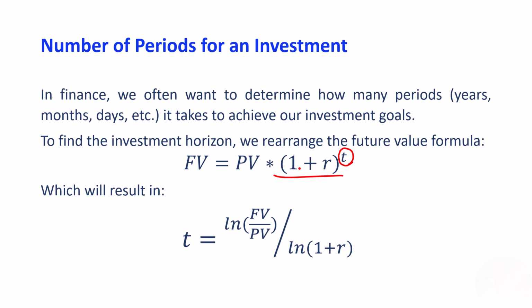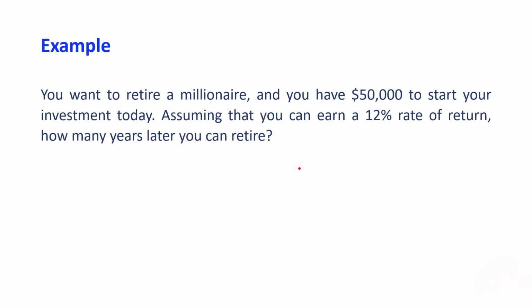So let's see an example. You want to retire a millionaire and you have $50,000 to start your investment today. Assuming that you can earn a 12% rate of return, how many years does it take for you to retire? How many years later can you retire? So you have 50K to invest now.